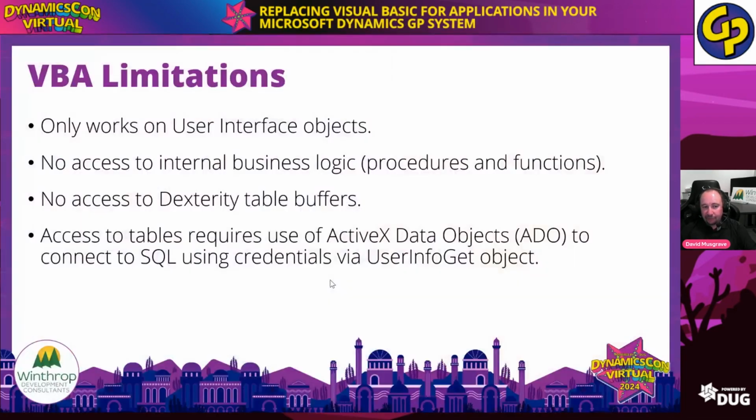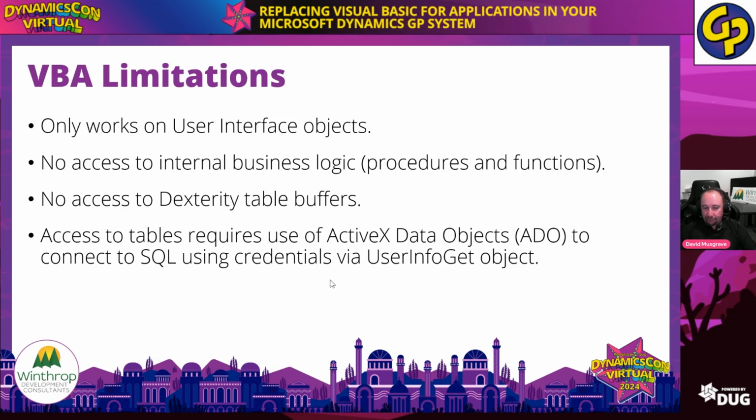So some limitations: it only works on the user interface. So we cannot see anything underneath the user interface. We've got no access to any of the business logic, the procedures and functions that get called from that interface. We also don't have access to what's going on at the table levels within the Dexterity table buffers.